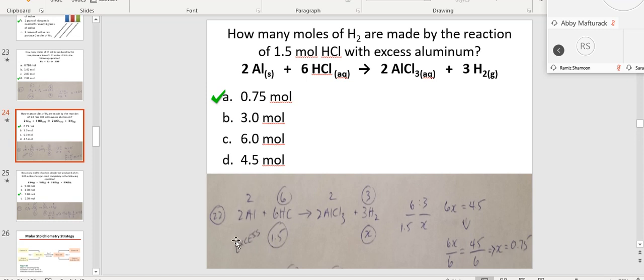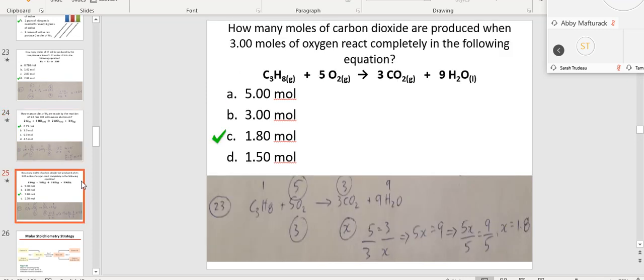All that means is here I have way too much of this, which means that this one is going to go to 0. We're going to run out of this. Okay, this one here is in fact my limiting reagent. This is the one that is going to stop the reaction because we're going to run out of it. This one here I have too much. So anyway, I give you moles. I'm asking for moles. 1 box. There you go. That's all these are.